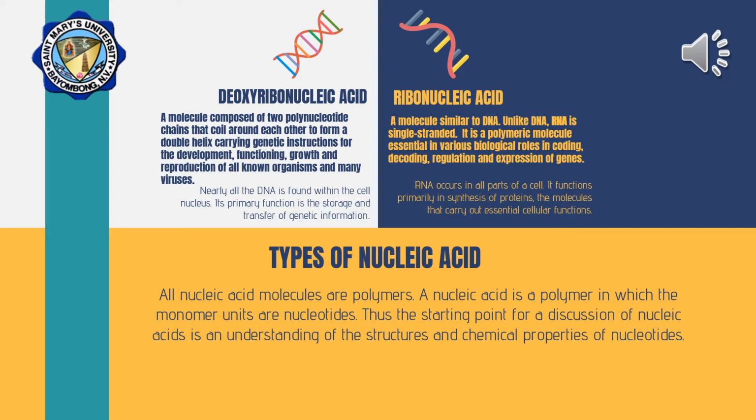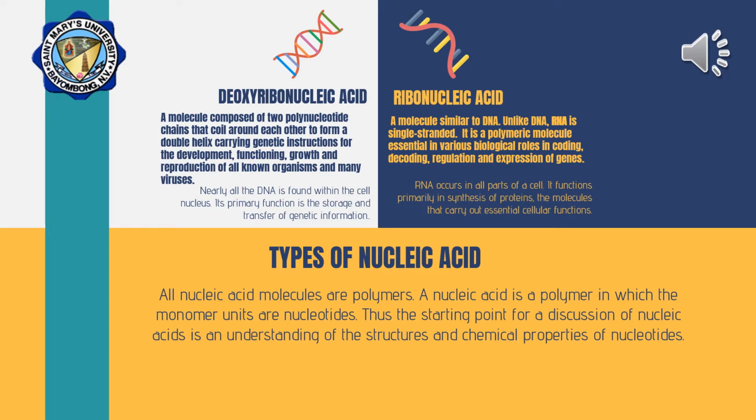Nearly all the DNA is found within the cell nucleus. Its primary function is the storage and transfer of genetic information. This information is used indirectly to control many functions of a living cell. In addition, DNA is passed from existing cells to new cells during cell division.